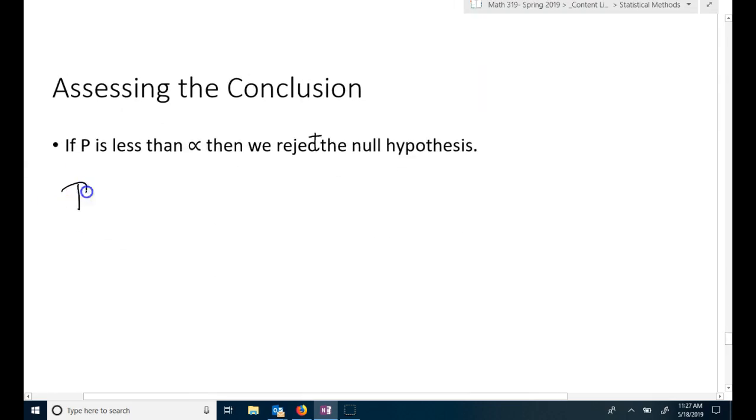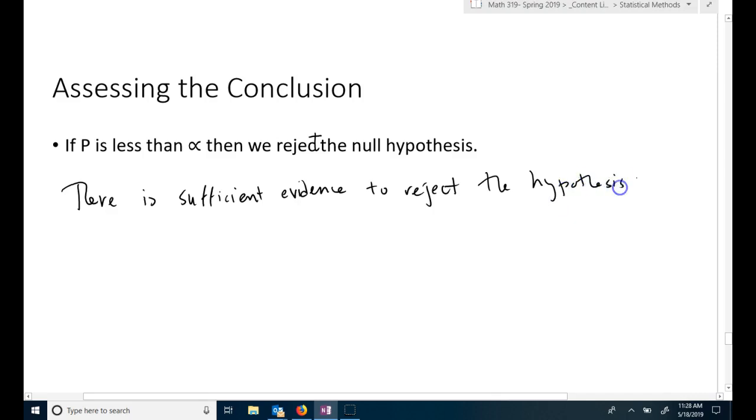And so there is sufficient evidence to reject the hypothesis that assisted yoga has no effect upon independence.